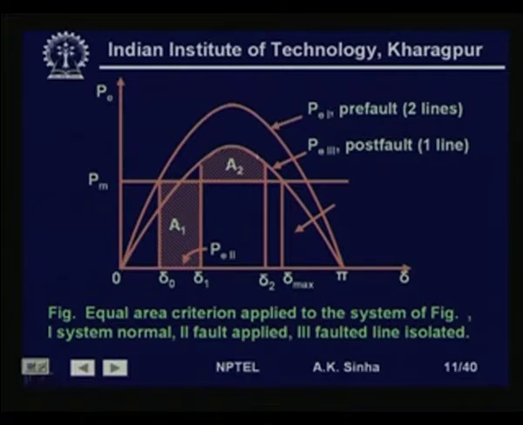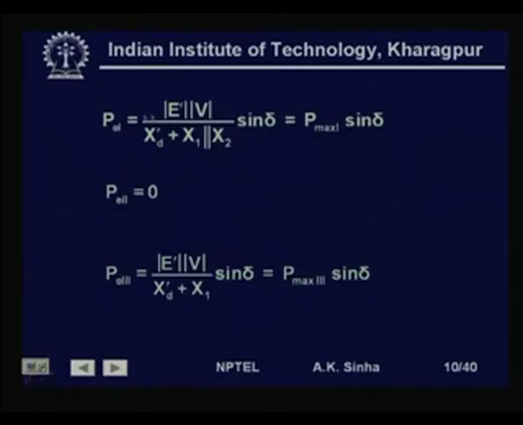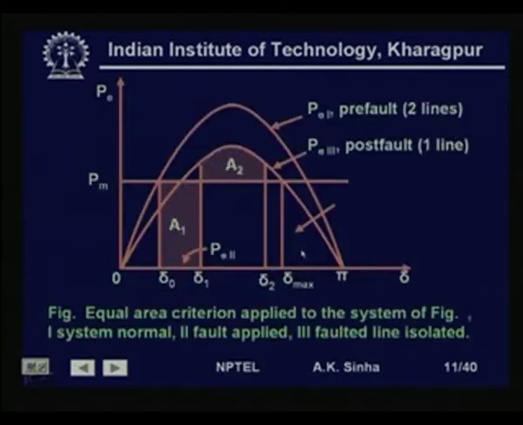So, we have here P max 1, which is pre-fault, this is during fault, and this is P max 3, which defines the post fault condition.